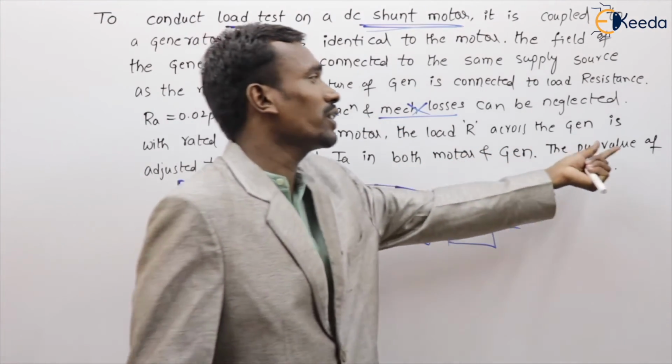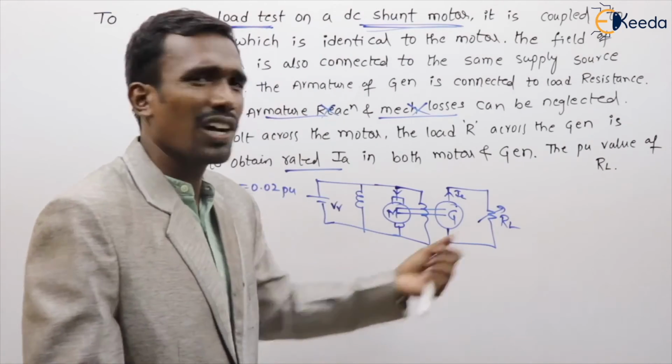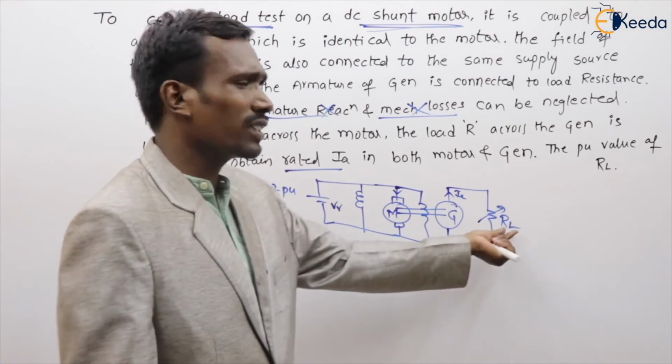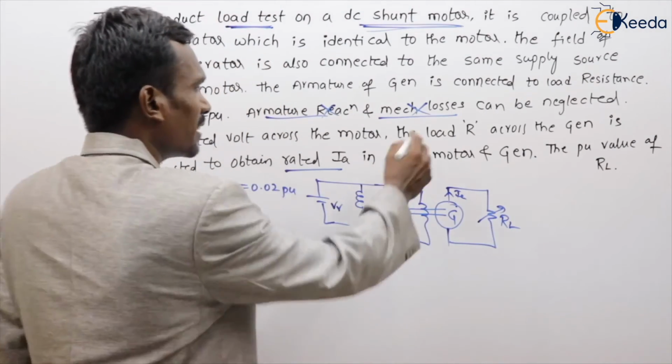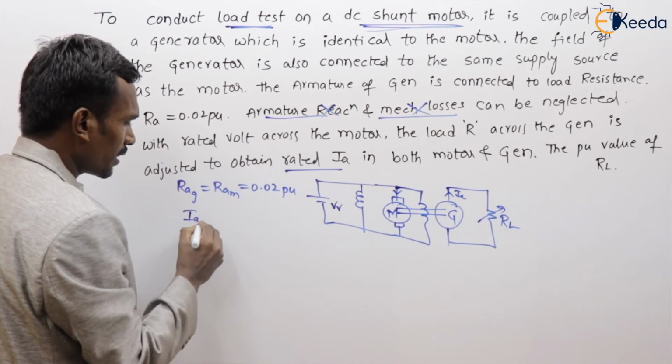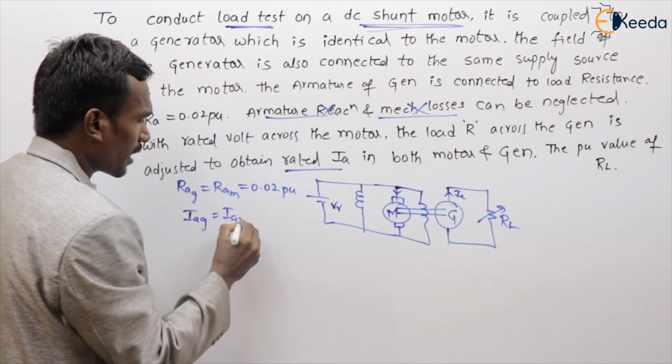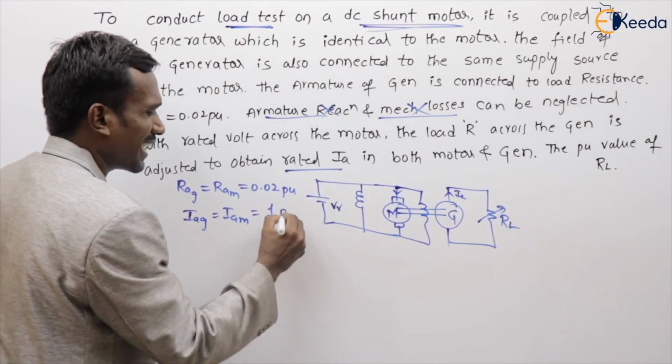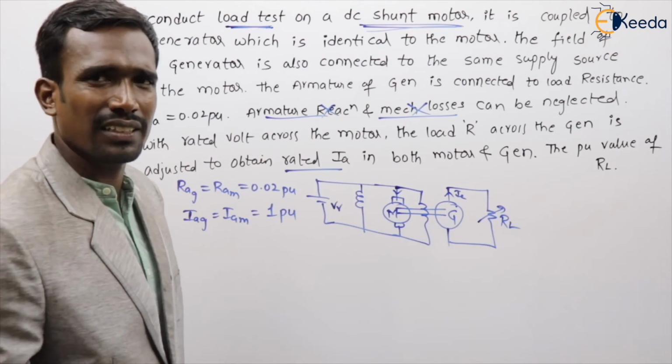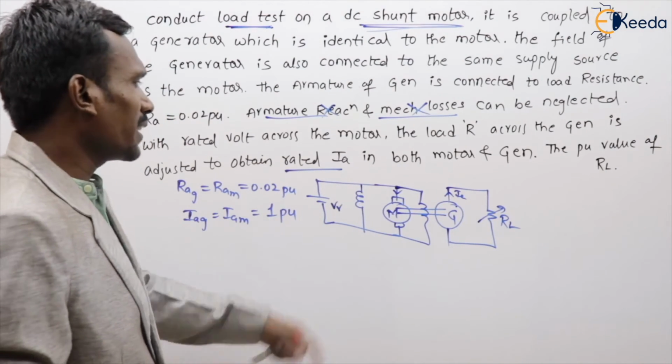Then find the per unit value of RL. They want this RL. They said the armature current of the generator and of the motor is rated, which is nothing but 1.